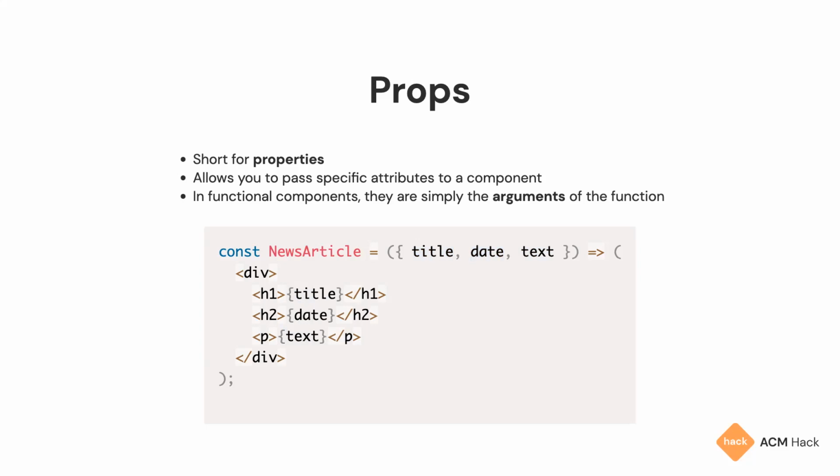And if you want to be super precise about this, you can use TypeScript, which I did a workshop on last week actually, to define exactly what props go in and what type the props should be. But for now, we're just sticking with JavaScript. I think this is a happy medium.